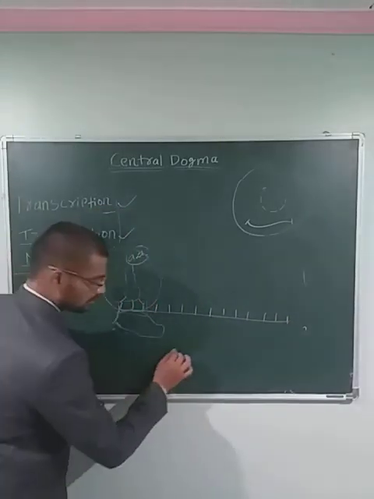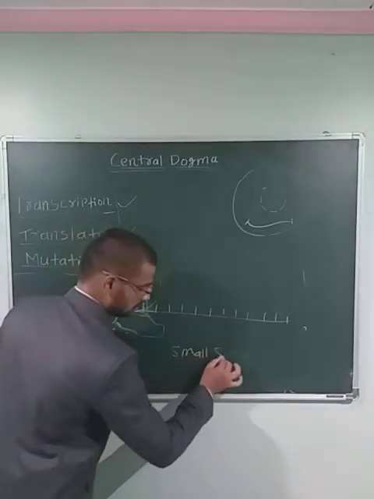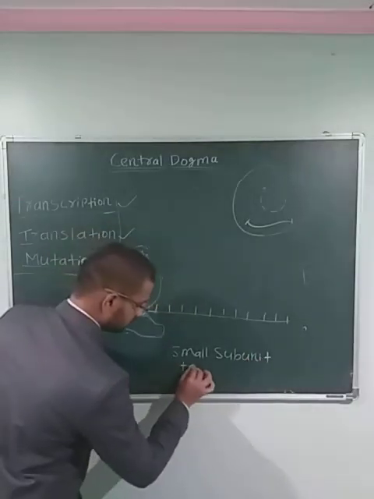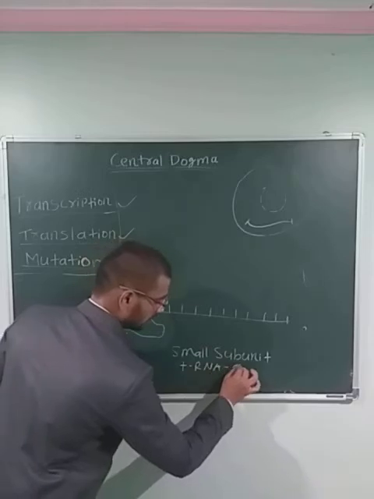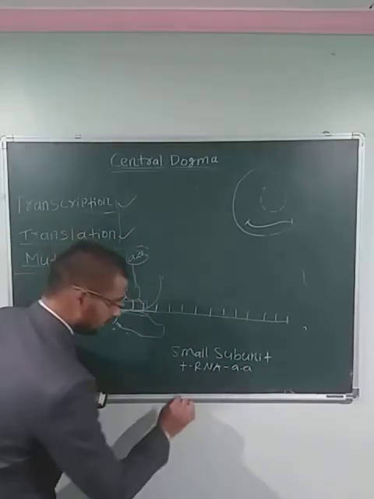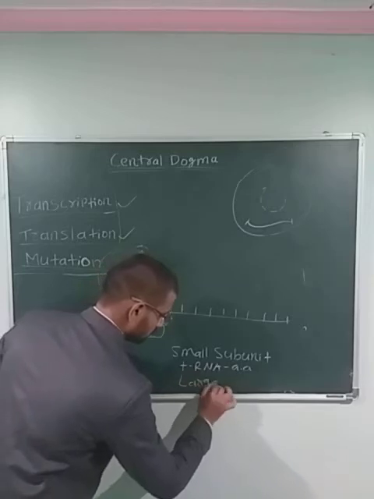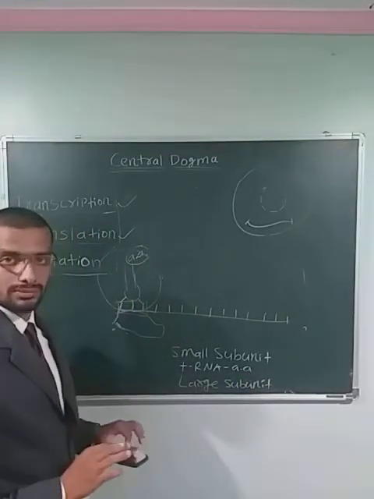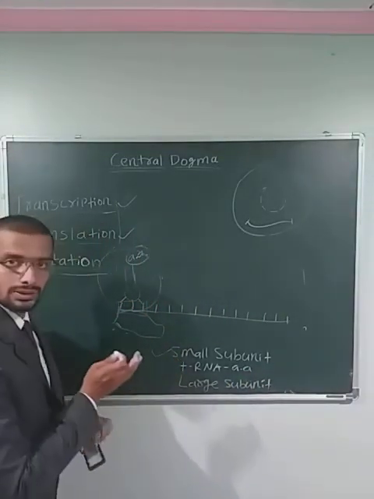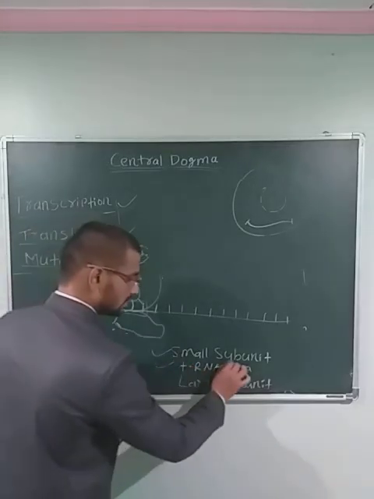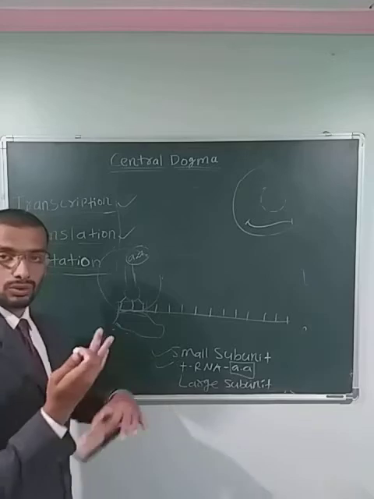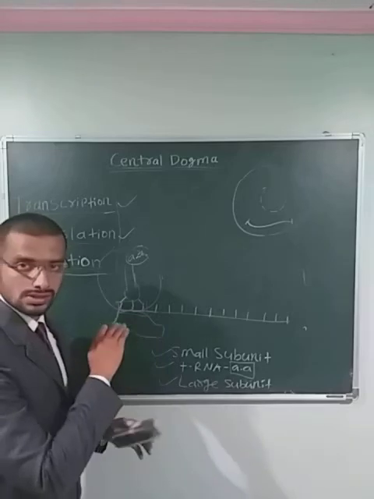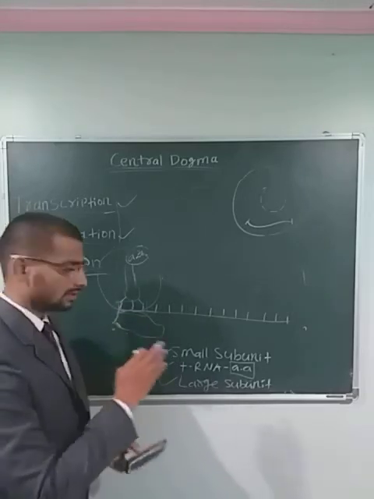So now what we have is a small subunit, tRNA with its amino acid, and a large subunit. First, the small subunit will attach to a particular mRNA, then a tRNA with its amino acid will attach to a codon by its anticodon sequence, and then the large subunit will attach to the assembly, and the process of translation will start from here.